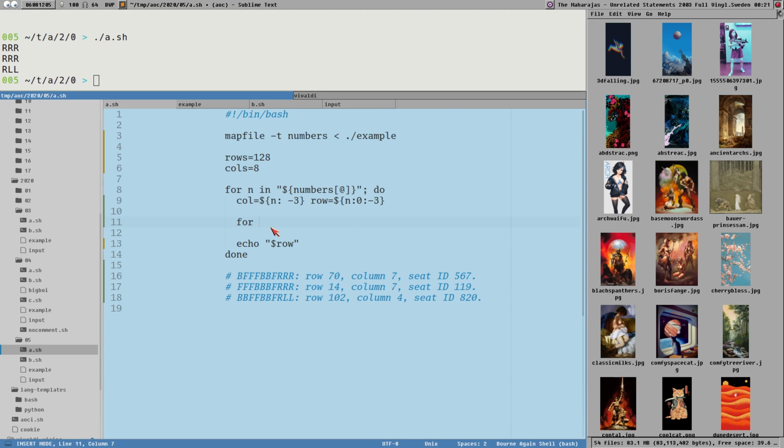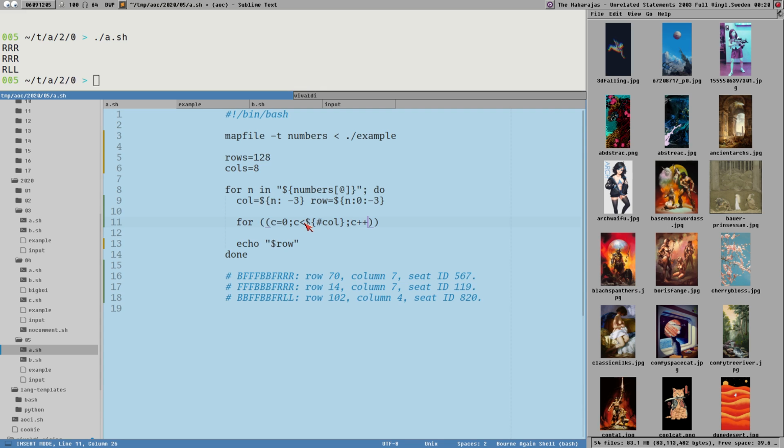For c equals 0, in one way, since we know it is whatever. c is less than the number of characters in row, or let's do col first since it's shorter.